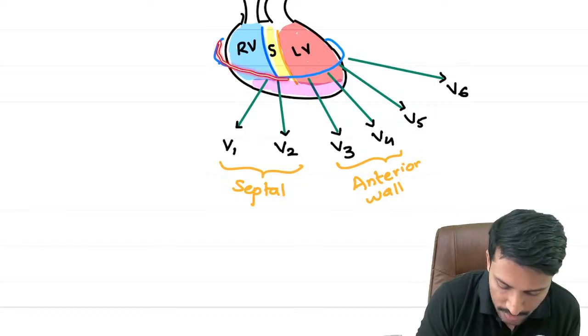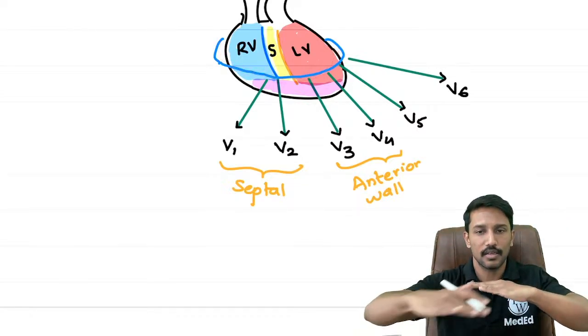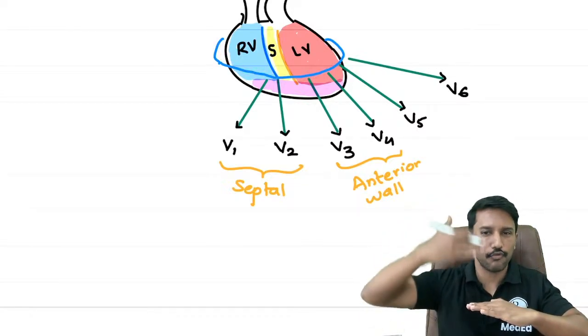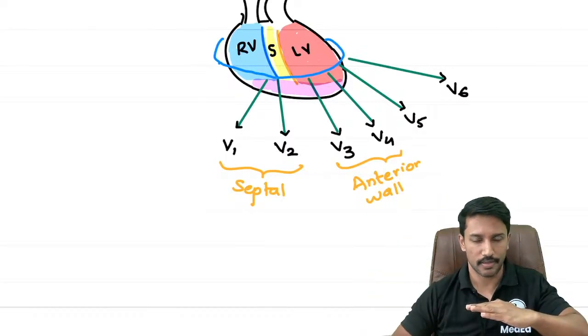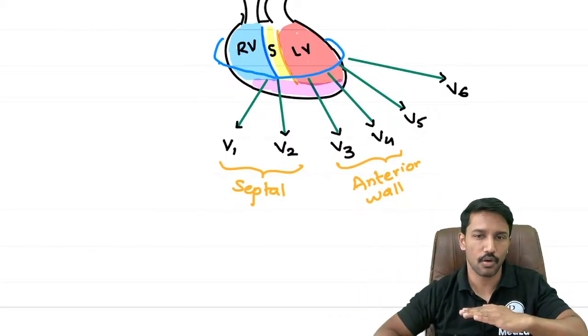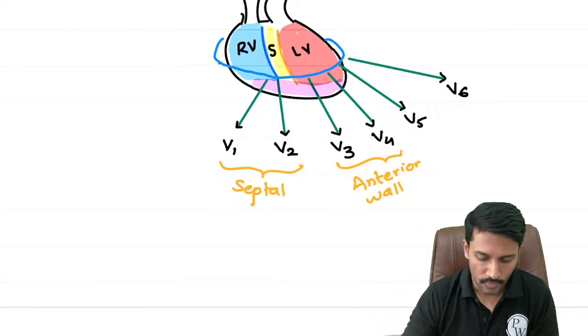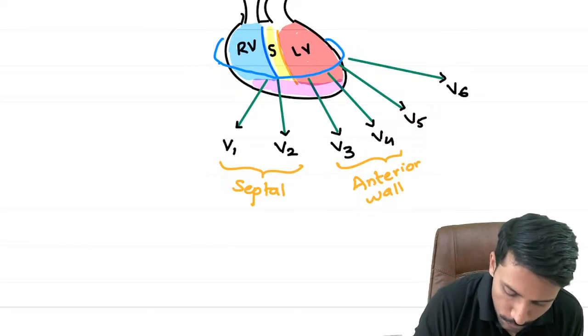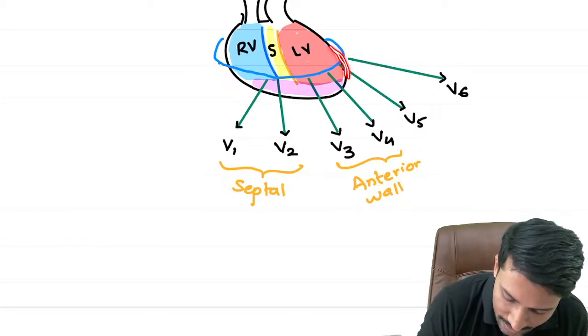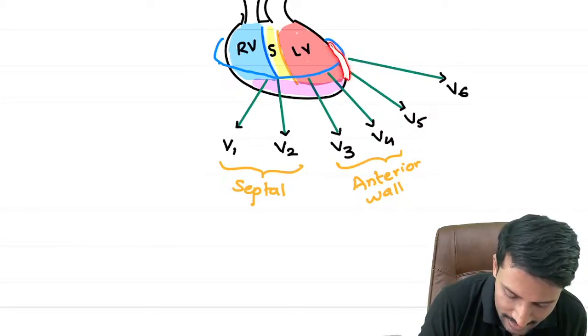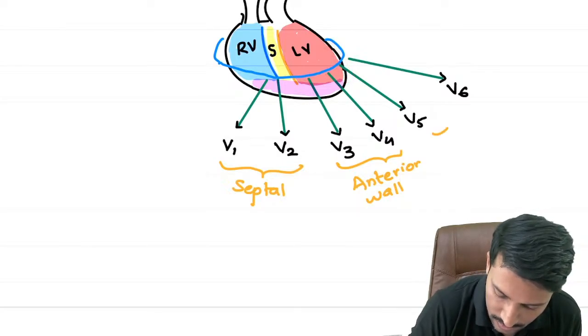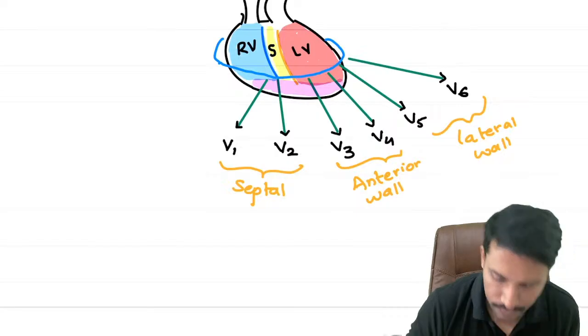Remember, the precordial leads are looking at the heart in the horizontal plane, not in the frontal or the vertical plane. The limb leads look at the heart in the frontal or the vertical plane. And then V5 and V6, they are looking at the heart from the lateral side, right? They are looking at the heart in the lateral view, lateral wall.